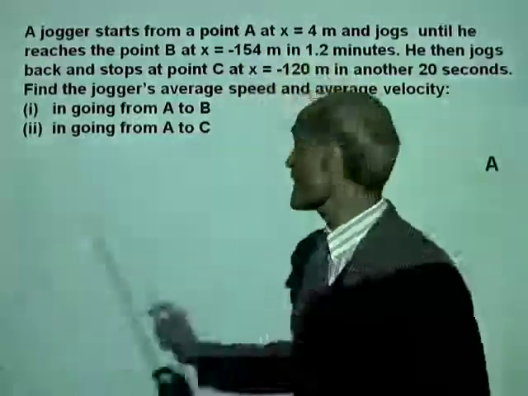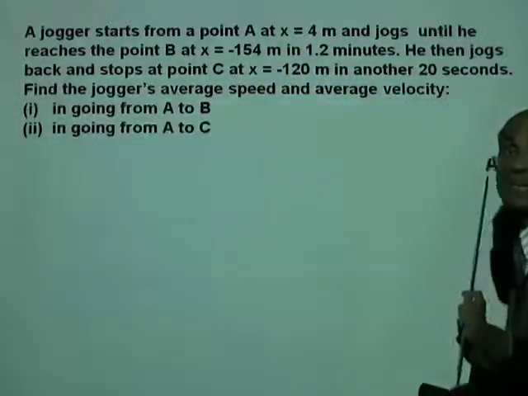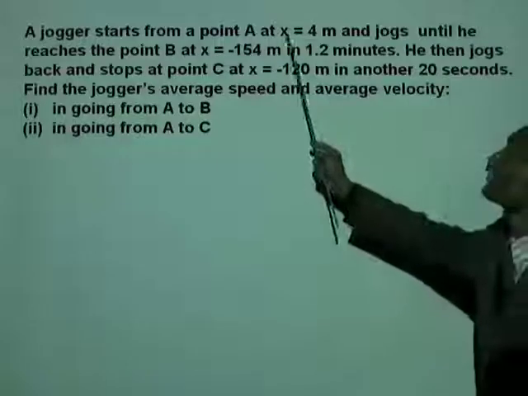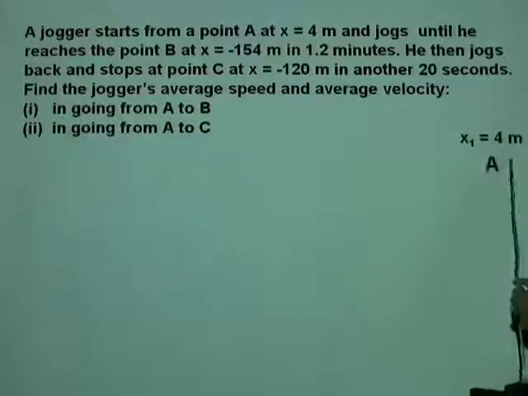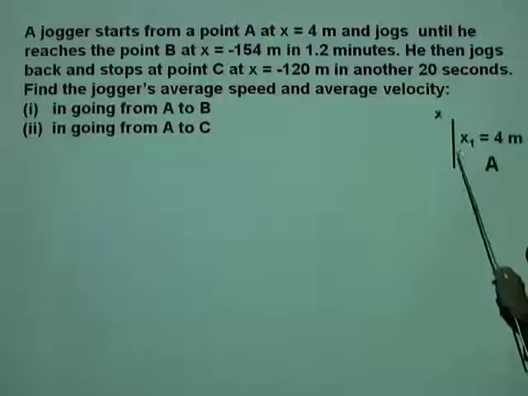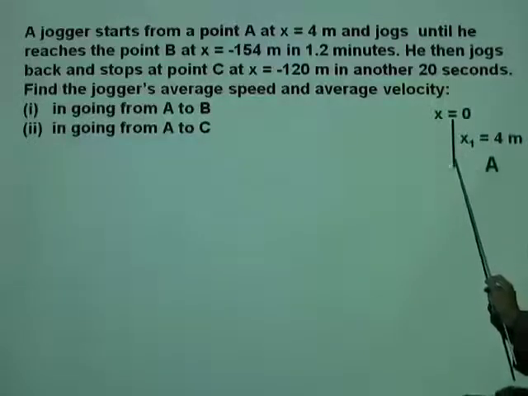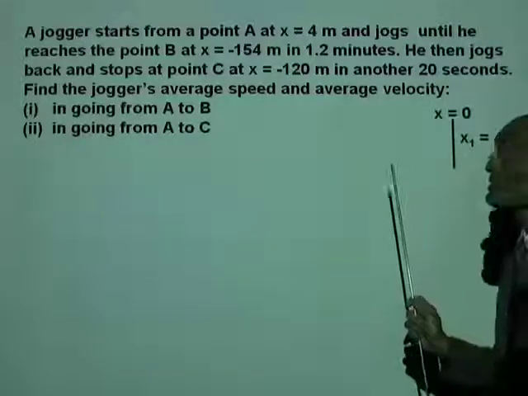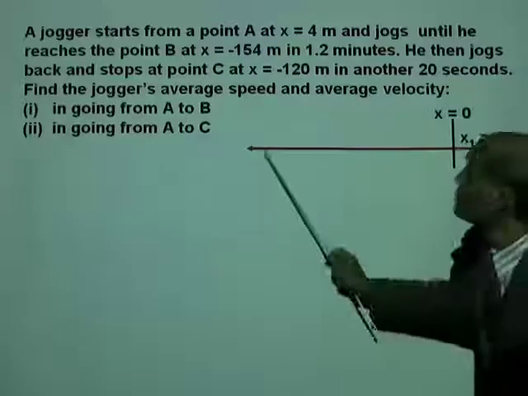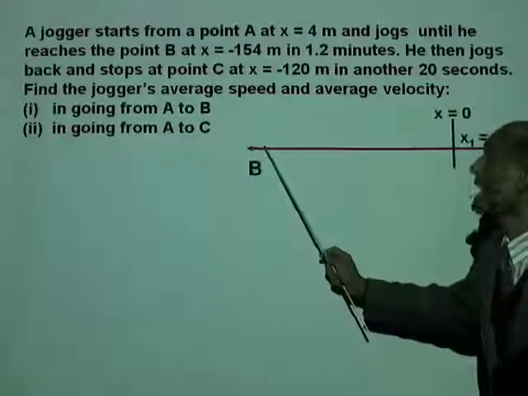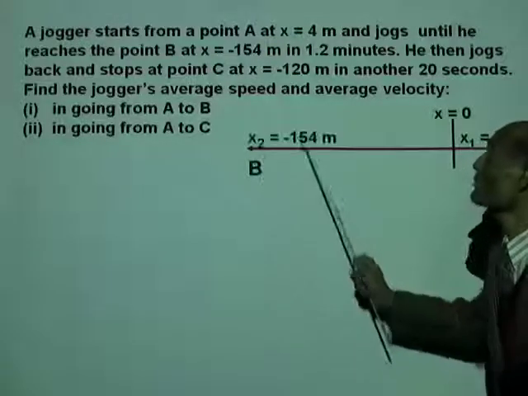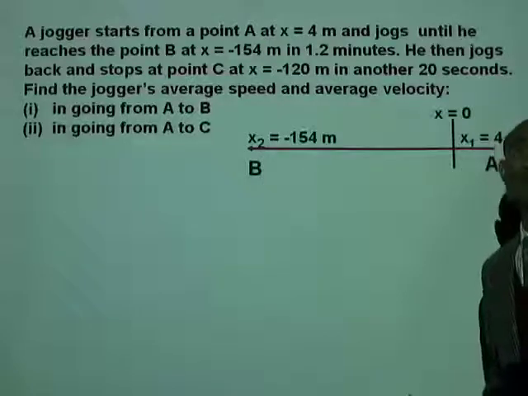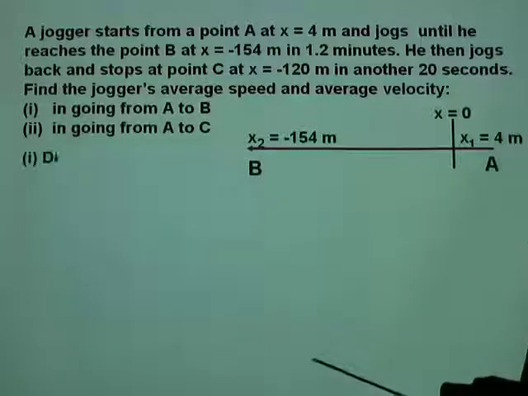The jogger starts at point A. Point A is x equal to 4 meter. Now this is x equal to 0, so he starts on the right of the origin and goes to the left. And point B is x equal to negative 154 meter.